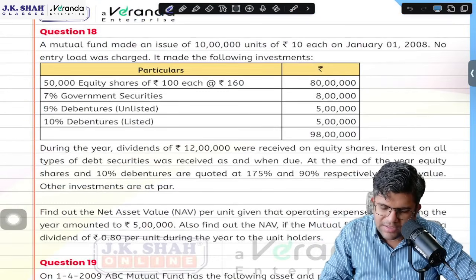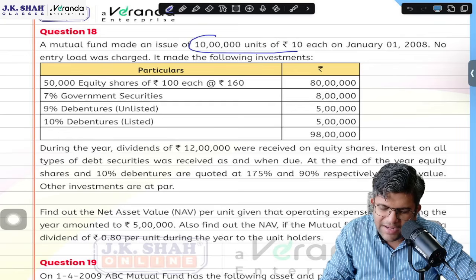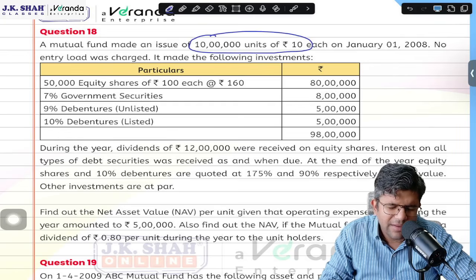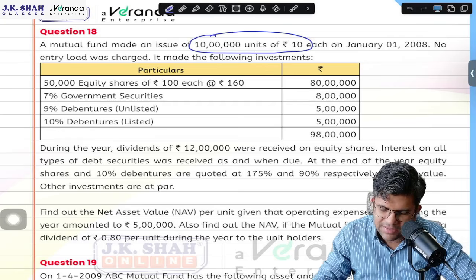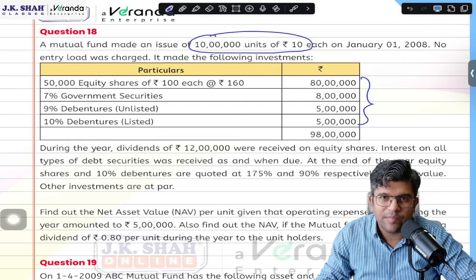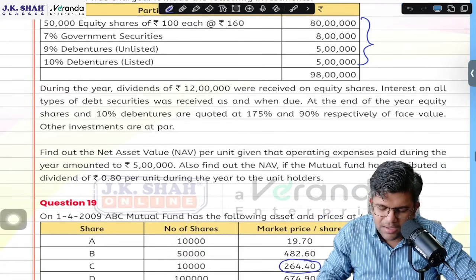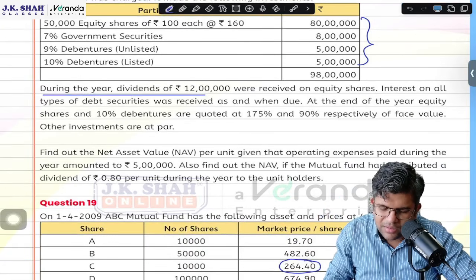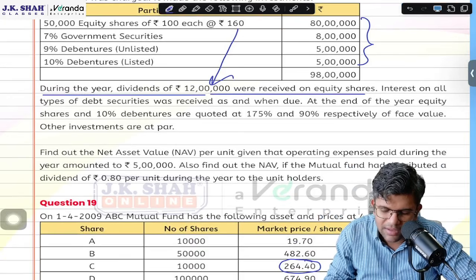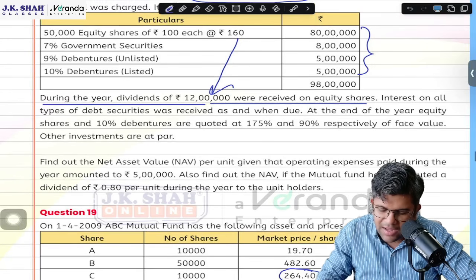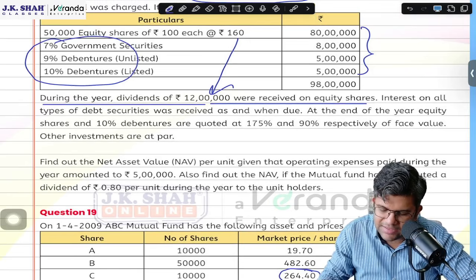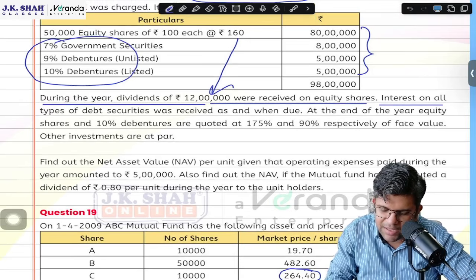So students, again, coming back, 1 crore rupees it raised, and 98 lakh rupees it invested. During the year, the share gave 12 lakh rupees dividend to the mutual fund. And all the three debts gave their respective interests.